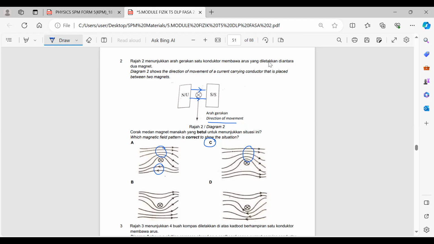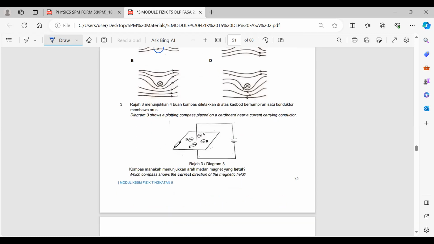So yes, it's going to produce a net force downward. But then this one is just to trick you. Okay, so perhaps for the C, all are in the same direction. The B and D definitely is out already. Okay, it is out of the discussion because you already know the force is down, meaning I must have more lines on top. Okay, so be careful. It can be a trap for you.